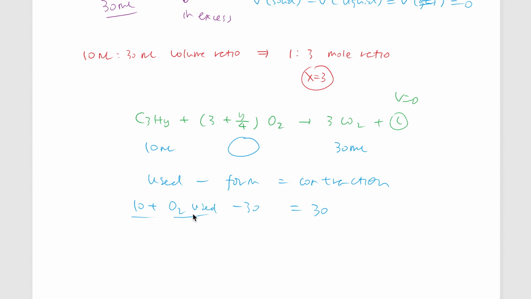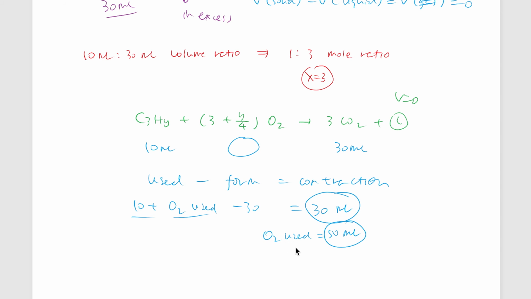So we can work out the amount of oxygen used is 50 moles.